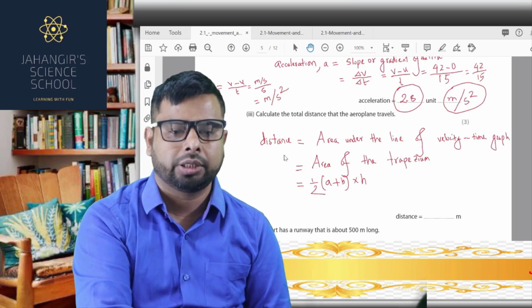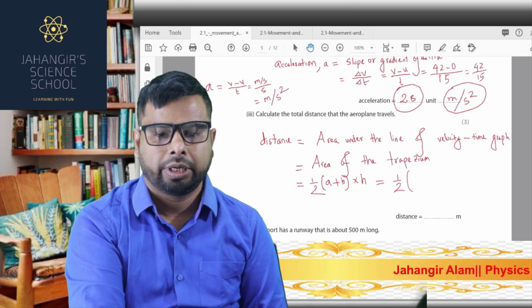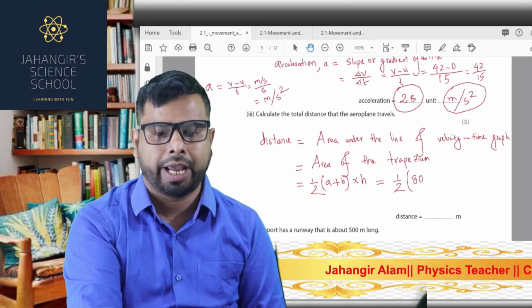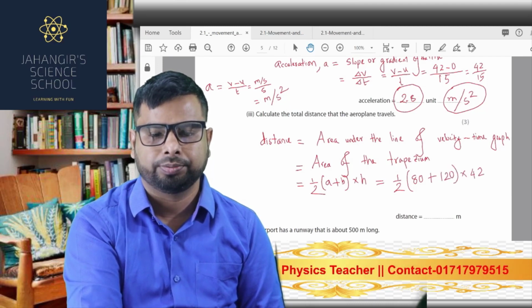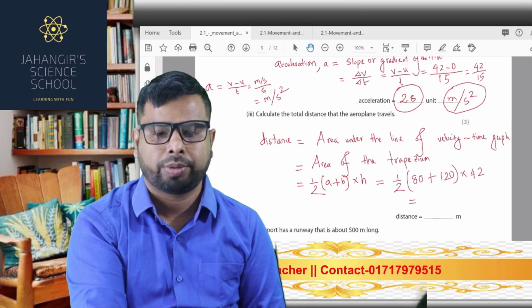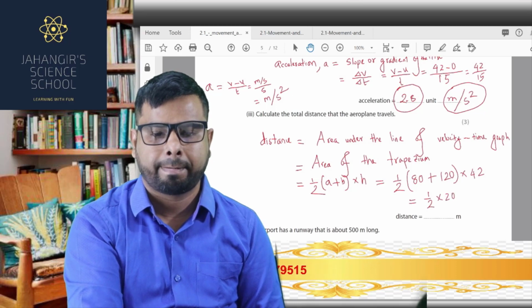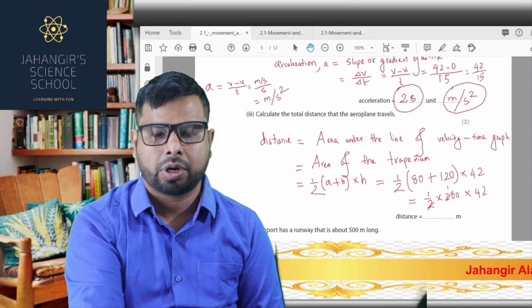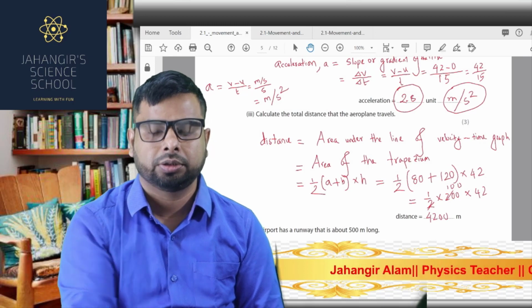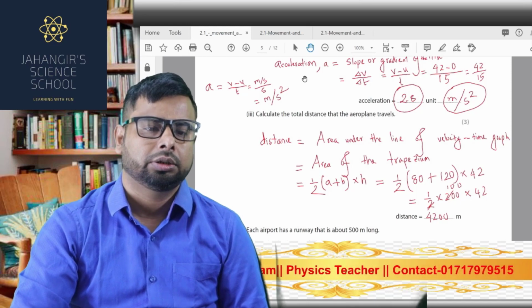So we can calculate the total distance traveled by the aeroplane using the value of A, 80, and the value of B, 120, into height 42. By calculating this, we get 4200 meter. 4200 meter is the total distance traveled by the aeroplane.